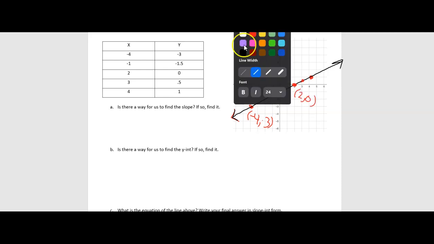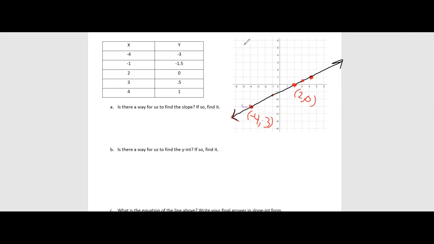And we could look at the change in y over the change in x. So change in y would be +3. Change in x is also positive. That would be +6. So change in y over change in x is equal to 3/6, which is equal to 1/2.